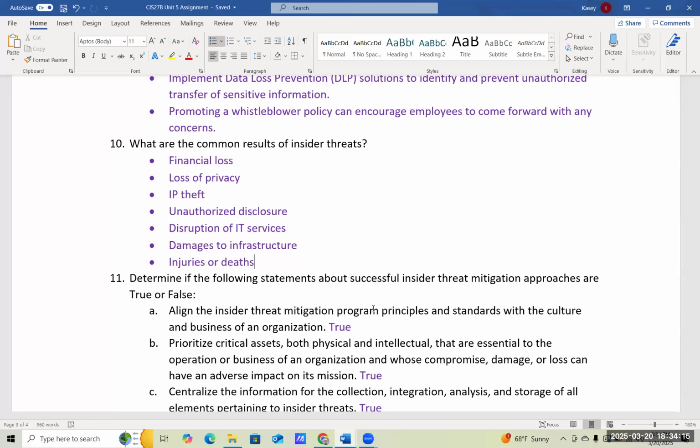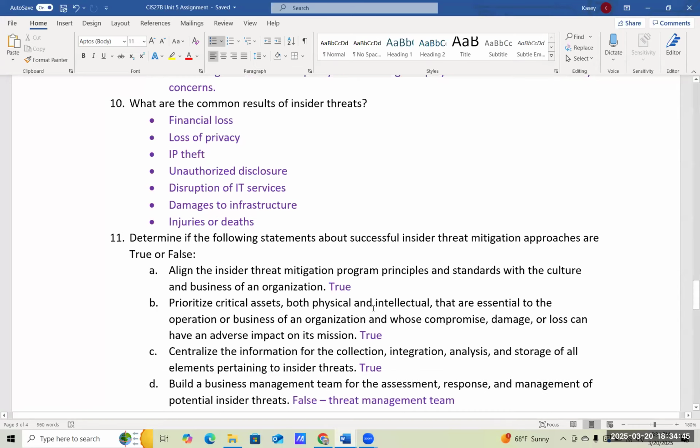And how that would be related to operation and business. It could be products or services for that business. And so if those critical assets are not addressed, then we would have a downfall, an adverse impact.